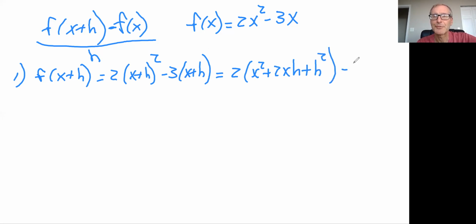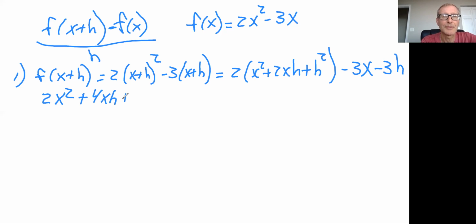And then we distribute the minus 3, we would get minus 3x and minus 3h. And then the last step is distribute the 2. So we have 2x squared plus 4xh plus 2h squared minus 3x minus 3h. See what I mean about a lot of terms? So that's step number 1.